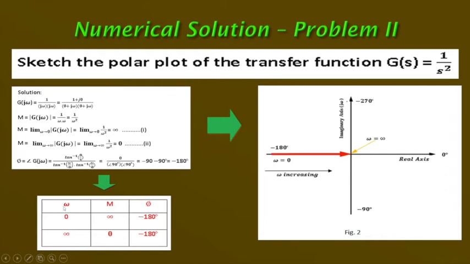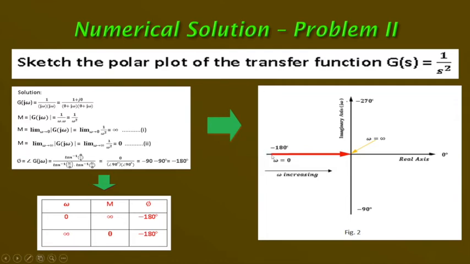Then taking this table, when omega equal to 0, the magnitude is infinity and the phase angle is minus 180. When omega equal to infinity, the magnitude is 0 and the phase angle is minus 180. So draw the polar plot on plain paper.